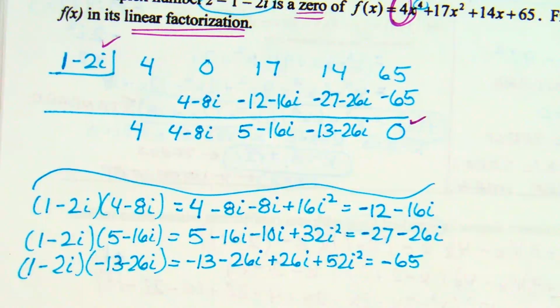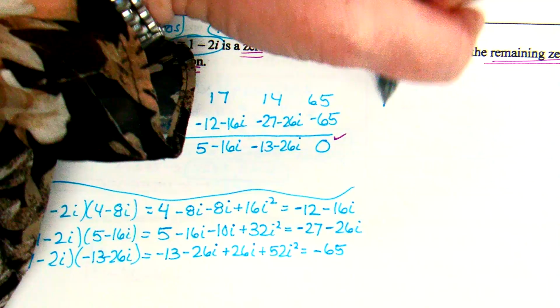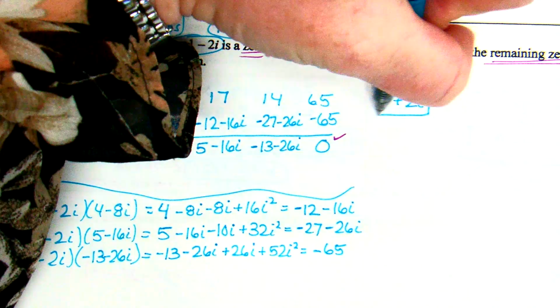So now what? Now we have to do the conjugate. We already tried 1 minus 2i. Now we have to do 1 plus 2i. Carry your new numbers over. 4 minus 8i, 5 minus 16i, and negative 13 minus 26i.